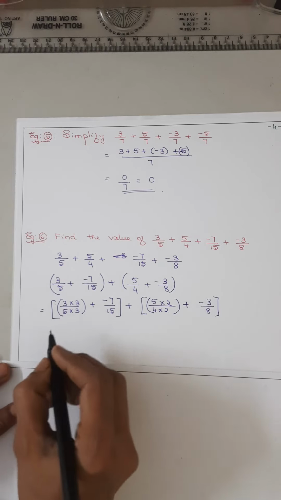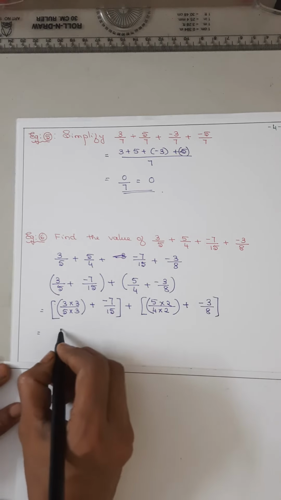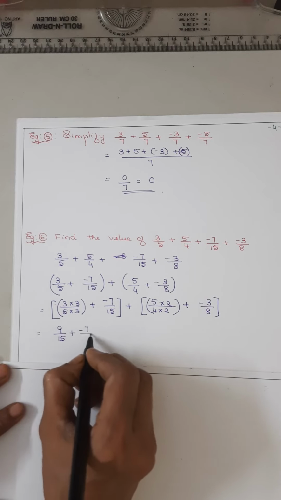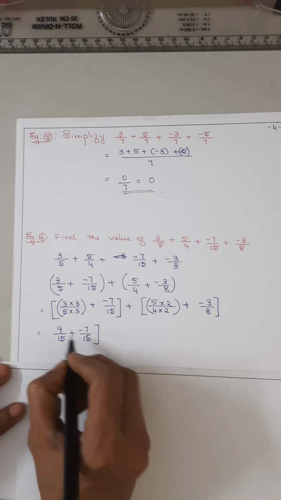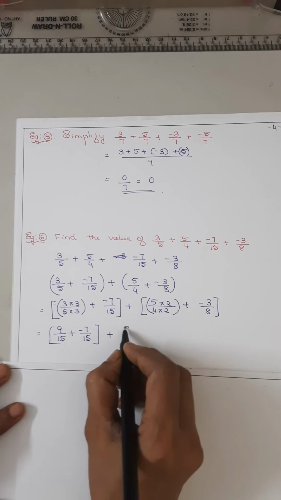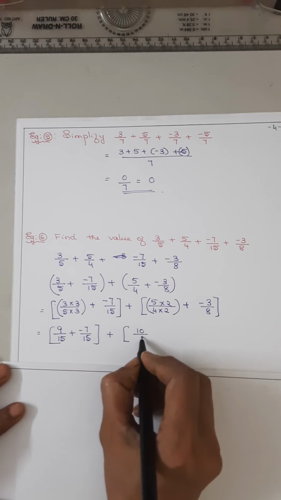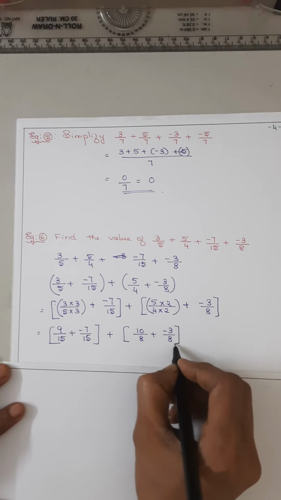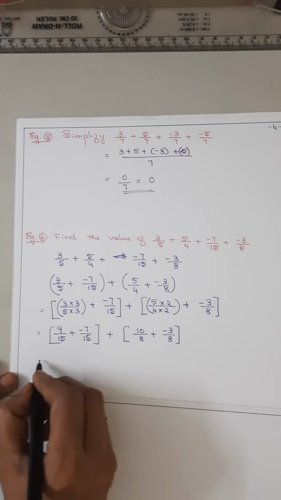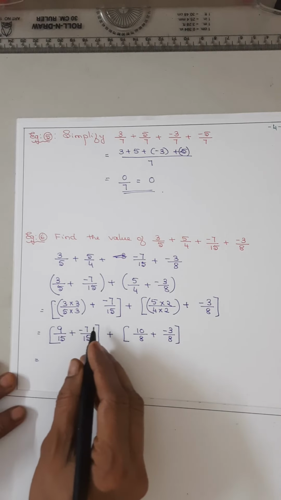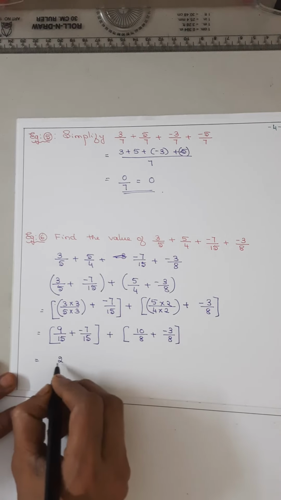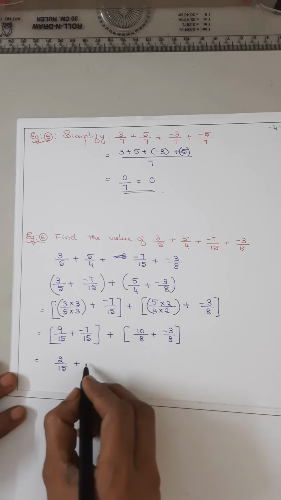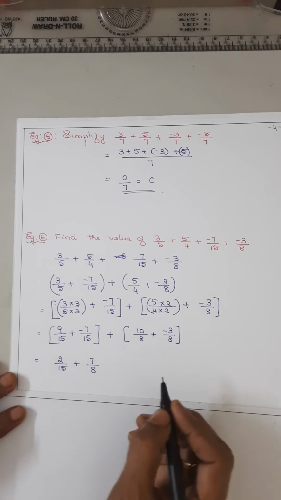So you got here 3 threes are 9 by 15 plus minus 7 by 15 plus 5 twos are 10 by 8 plus minus 3 by 8. Now it is 9 minus 7 is 2 by 15 plus 10 minus 3 is 7 by 8.